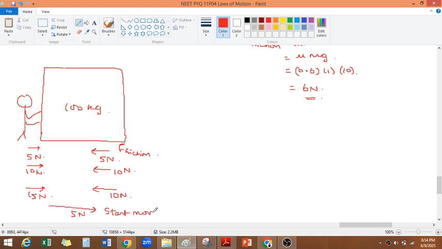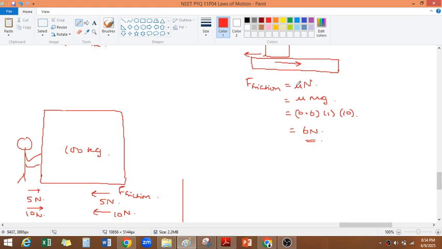Again, what I am trying to say is that the friction formula which you apply, this formula which we are writing, is not perfect. You have to write it as mu s N max, maximum static friction.